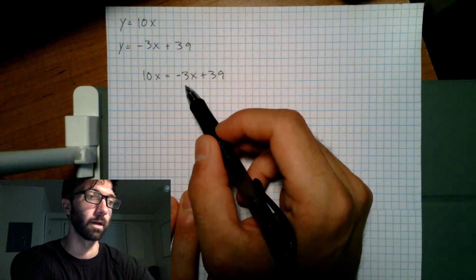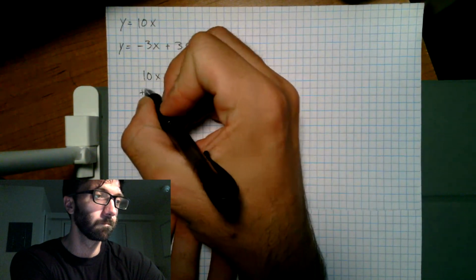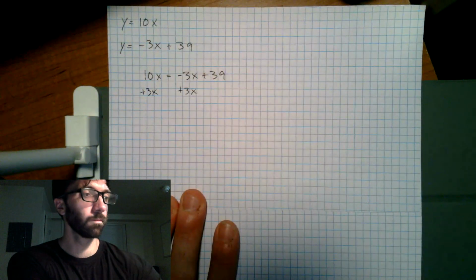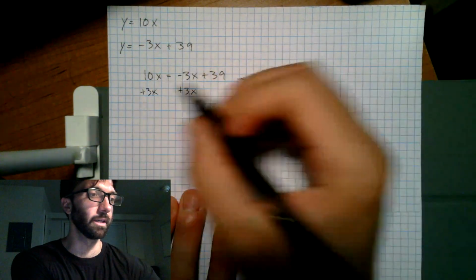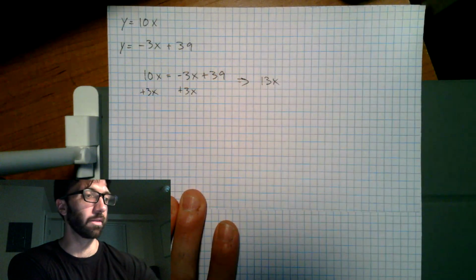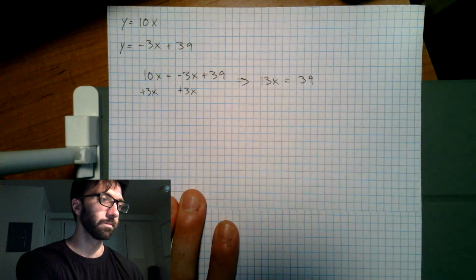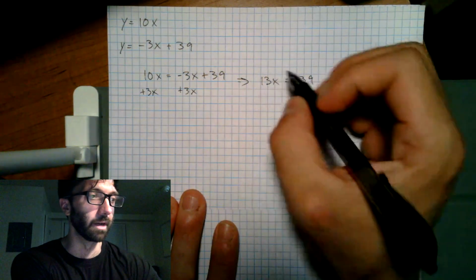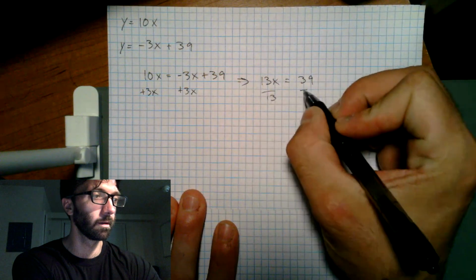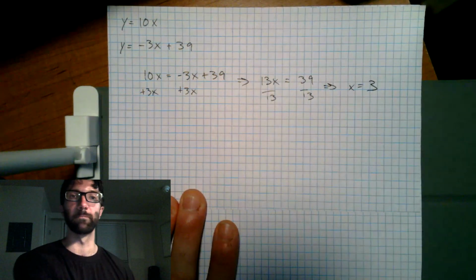So I want to add 3x to both sides here. Okay, so we have 13x on the left side of the equation and 39 on the right side of the equation. And then I can divide both sides by 13. And then I see that x equals 3.